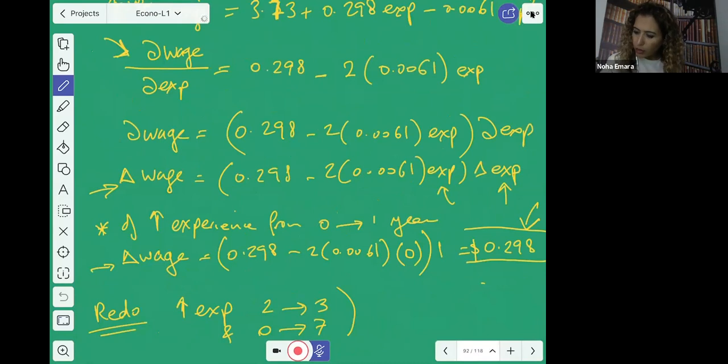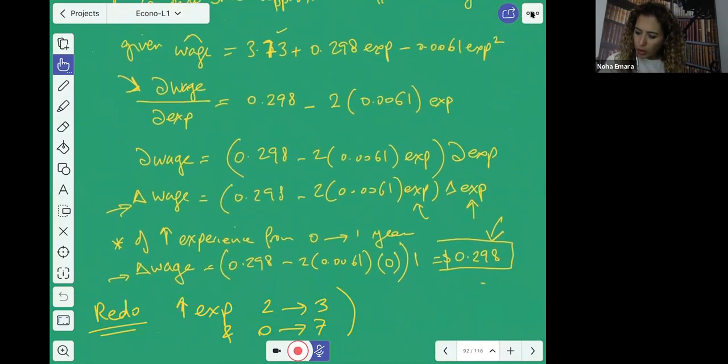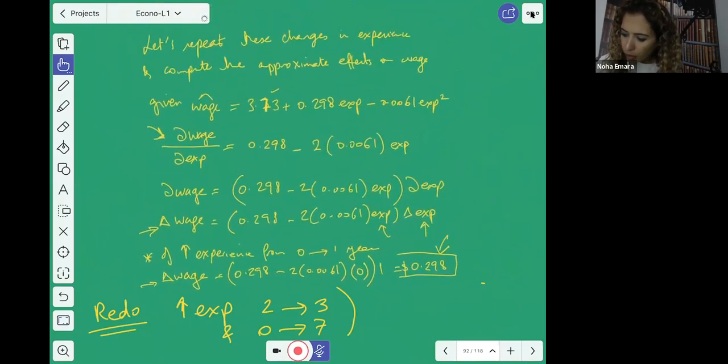I gave you last week this model, and it was a polynomial model in which experience affects wage, and the relationship was quadratic. So what I did for you is I solved this model for the change in experience from 0 to 1, right?